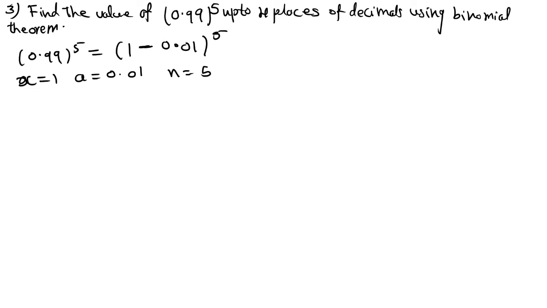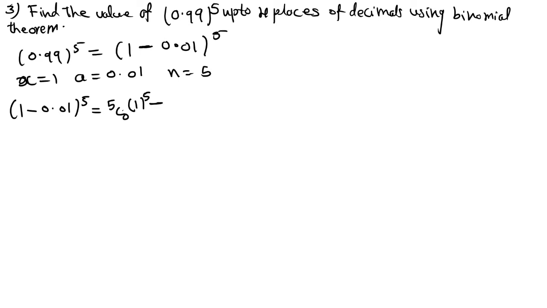Okay, now expand 1 minus 0.01 to the power 5 is equal to 5C0 into 1 to the power 5, x to the power n, that is 1 to the power 5, then minus, because in the middle minus is there, right?